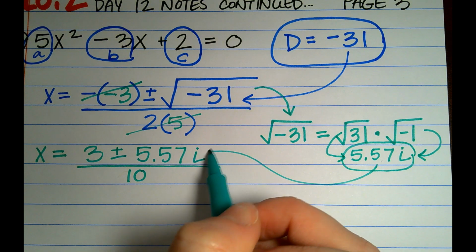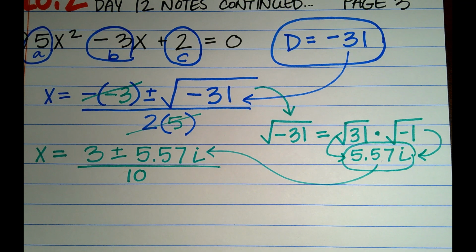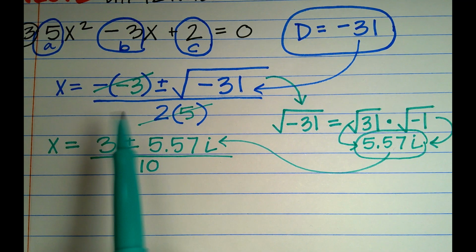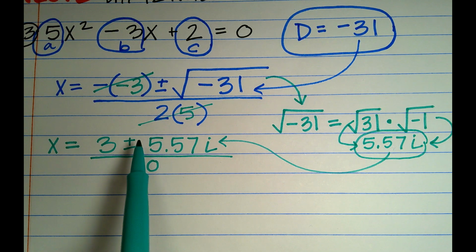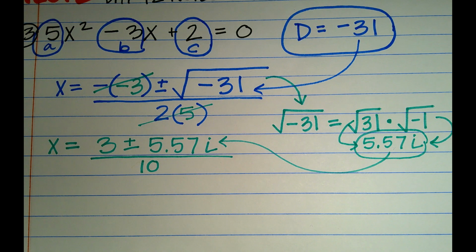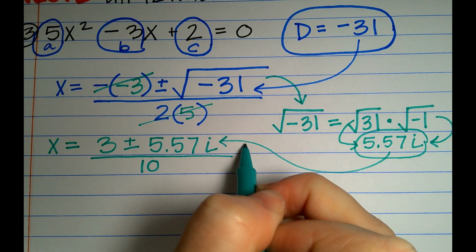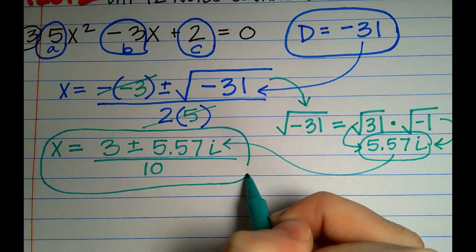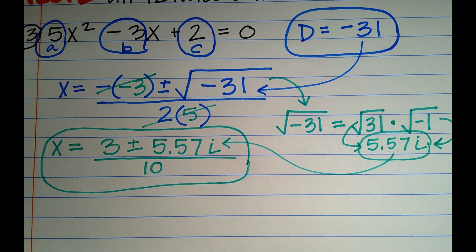And that's where we got that. Now, can I simplify this? I can't. So, this is our answer. 3 plus or minus 5.57i divided by 10. That's it. That is it.